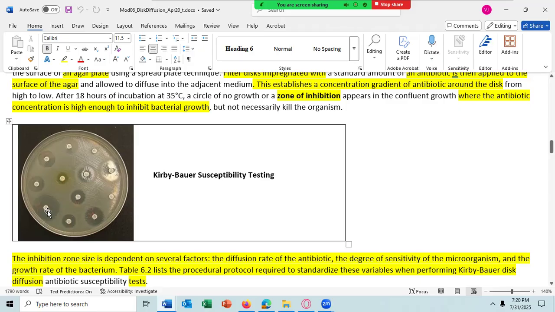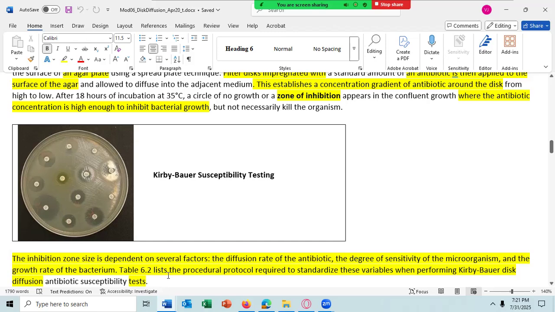Let me see if I can remember this. The faster the bacteria grow, generally the greater the zone of inhibition. I think that's right. And the slower the bacteria grow, the smaller the zone of inhibition. So there are several factors that can affect the zone size of inhibition.